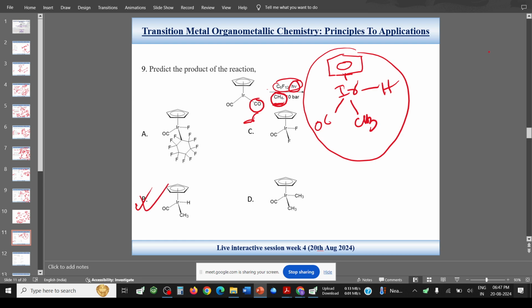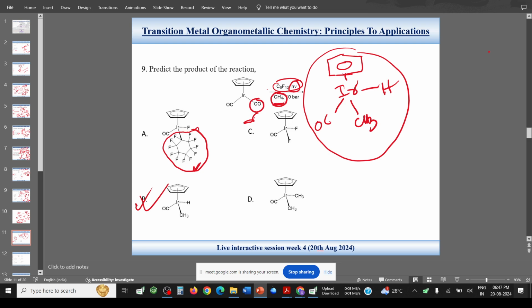One thing, here C6F12, that means this moiety, this group you can see here. The carbon-fluorine bond is a highly strong bond, and that cannot be broken, or cannot be activated under normal conditions.